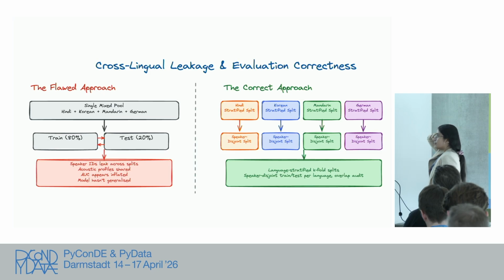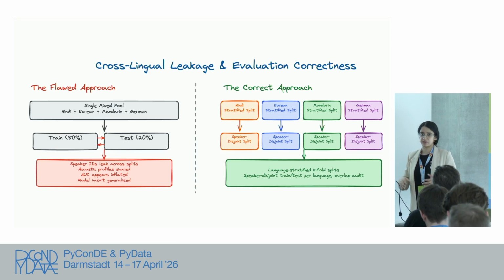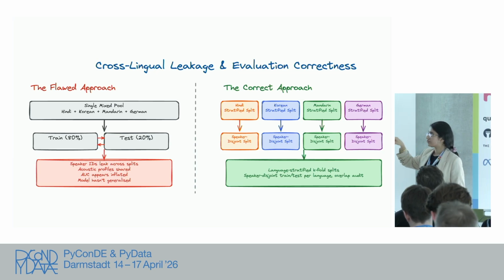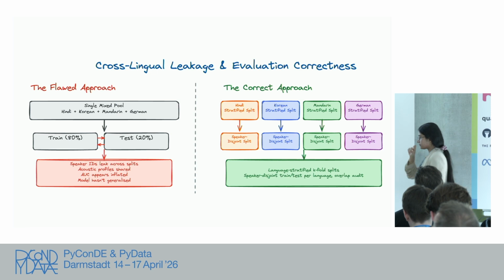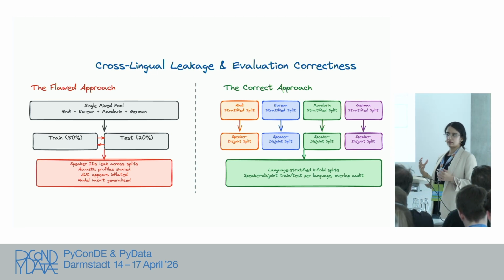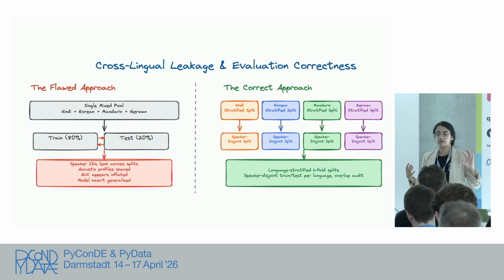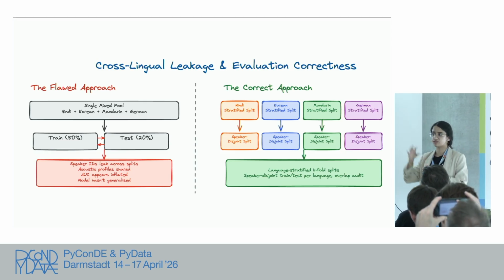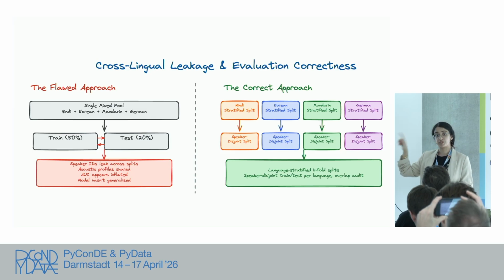First of all, why is one approach called flawed? What was the reason behind it? In the first box, it's a mixed pool of data, which means people speaking in different languages, and you have training and test. There is no validation in here, which is wrong, right?